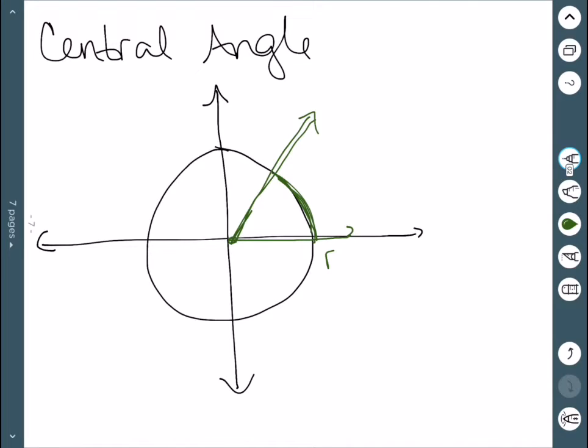And the idea of doing this is if we have a circle of radius r, and the length of this arc that we intersected is r, then the measure of the angle is 1 radian. And this is another way to measure circles and angles in particular.